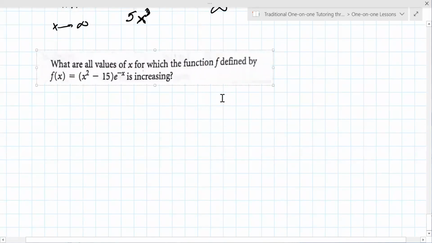What are all the values of x for which the function is increasing? This is the original function. For increasing and decreasing, you need the derivative. What derivative rule are you going to use here? Product rule.